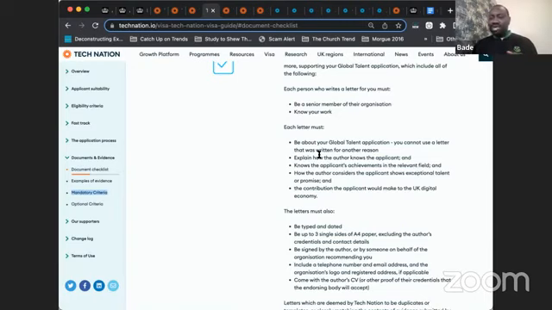But then your recommenders also have to write about you. Now, this is the interesting thing. Your recommenders must be a senior member of the organization, and they must know your work. They must show how they know you. The recent update in the guide about 3 months ago, which we shared during one of these open days as well, is that they need to have known your work for at least 1 year.